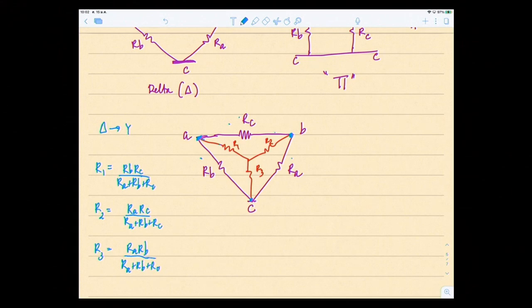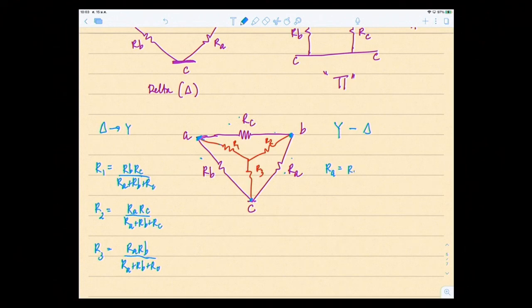In case you have a Y, that means you have R1, R2, and R3, and you want to change to delta, the way I remember it is this. RA is right here. I would multiply R1 and R2, R2 and R3, and R3 and R1, and add them together.